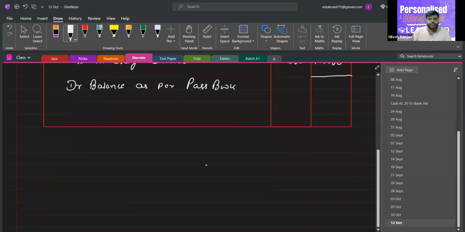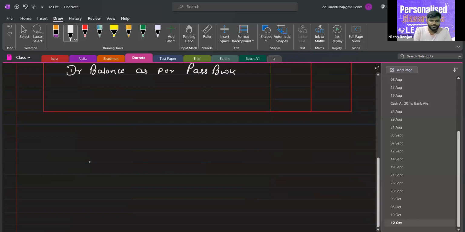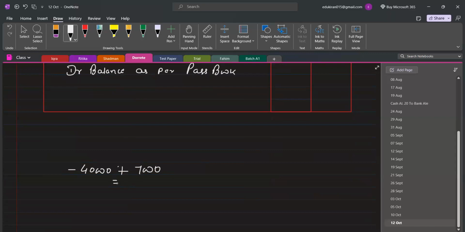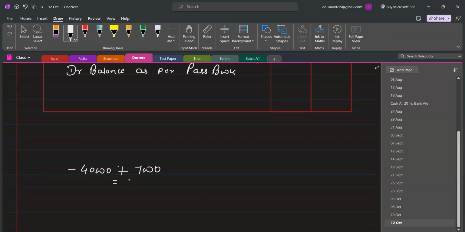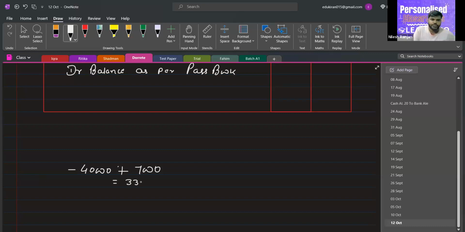Actually there is a combination of positive and negative. So 40,000 is negative and there is a positive 7,000. What will be the balance? So we will minus it. 33,000. So we have done the same in the question.